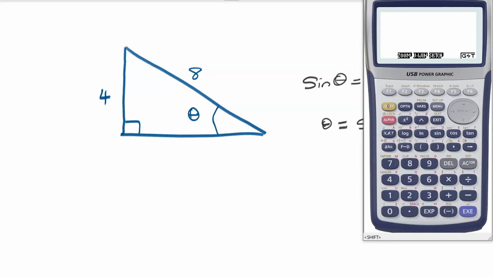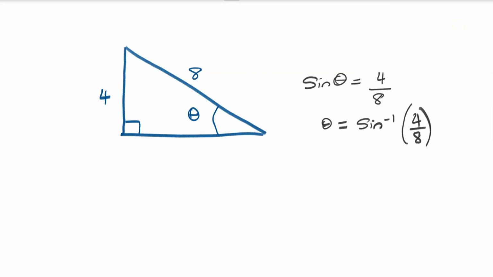I'll go to my calculator and go shift sine, then brackets, make sure you put brackets, 4 divided by 8, and close the bracket, and we get an angle of 30. So therefore, theta is equal to 30 degrees. That angle over there, theta, must equal 30 degrees for these two sides.